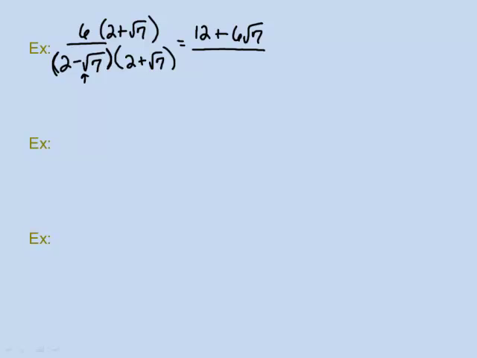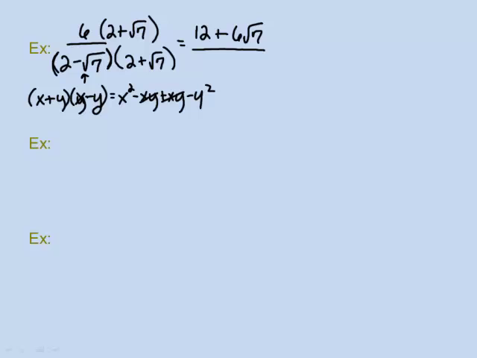But it also is a special type of FOIL problem. If you think back to your earlier algebra days, there was a special product that said if you ever take a binomial, say x plus y, and multiply it times a binomial x minus y, where it's the exact same binomial, but the operation is opposite, in other words, you're multiplying conjugates, if you FOILed that out, you'd get x squared minus xy plus xy minus y squared.